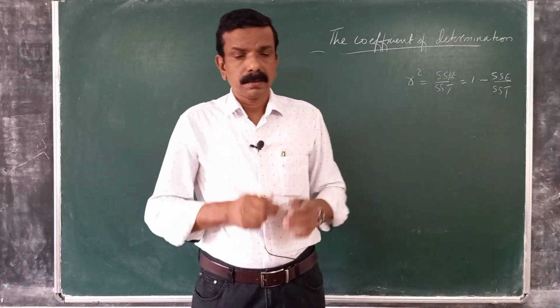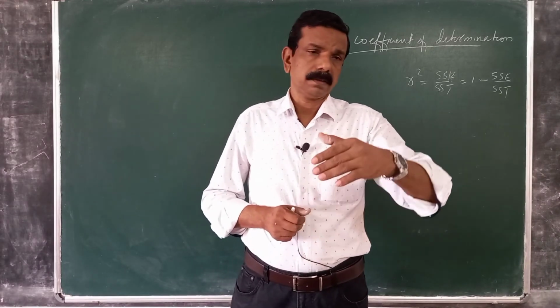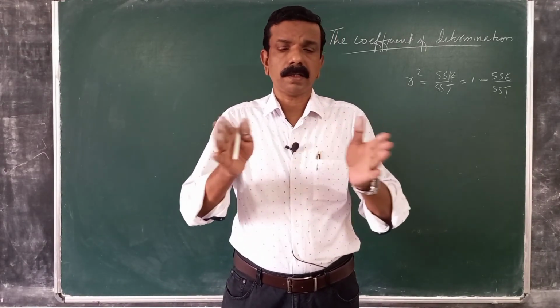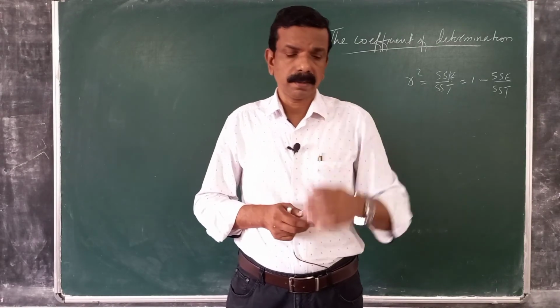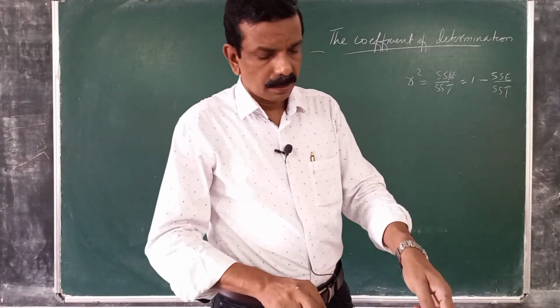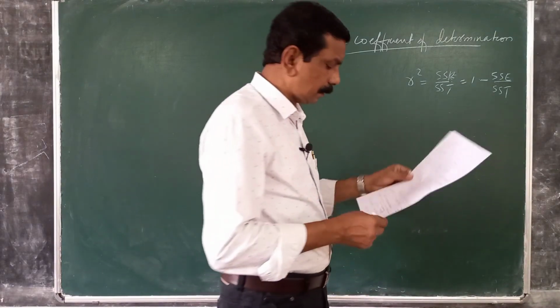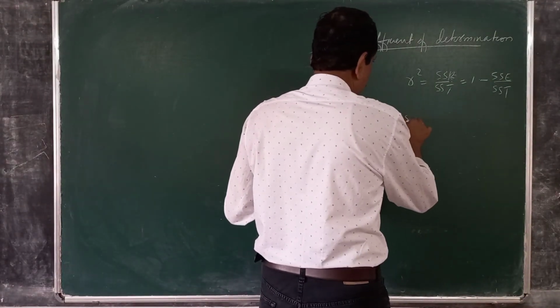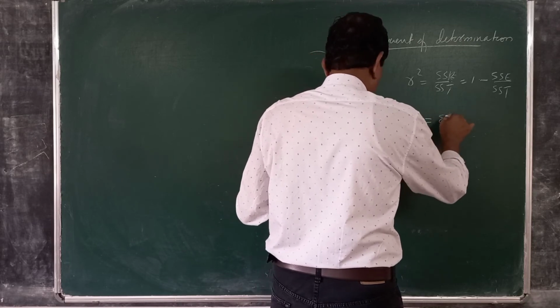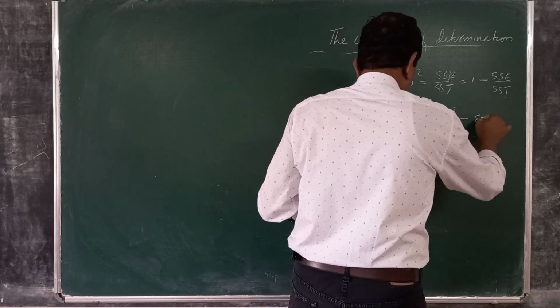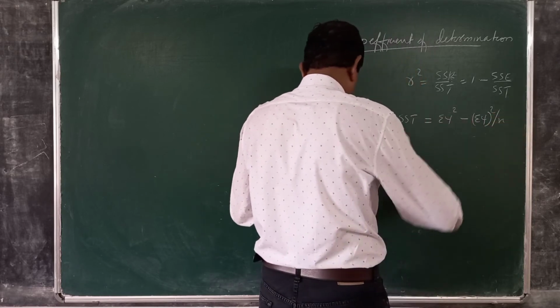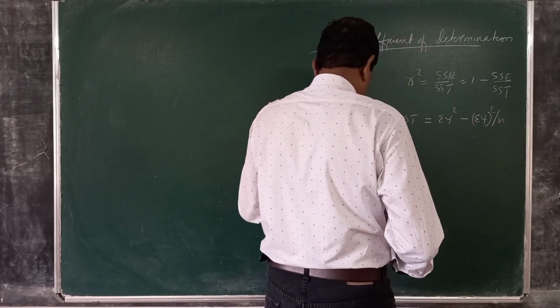Such computations are not required nowadays because all these values are automatically computed by the software. Anyway, the computing formulas are: SST is equal to sigma y square minus sigma y the whole square by n, something which we have already defined.